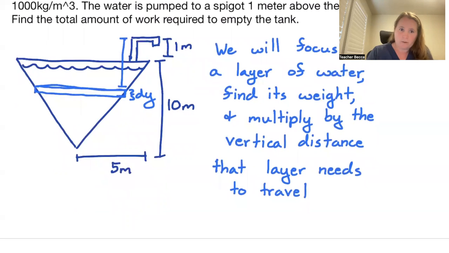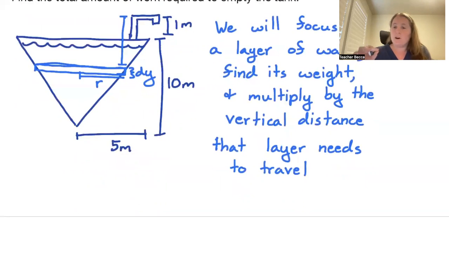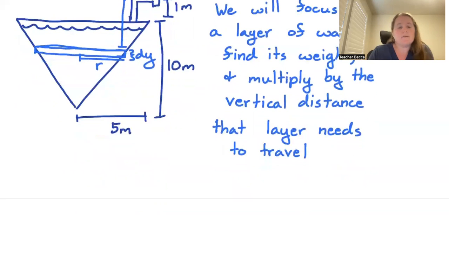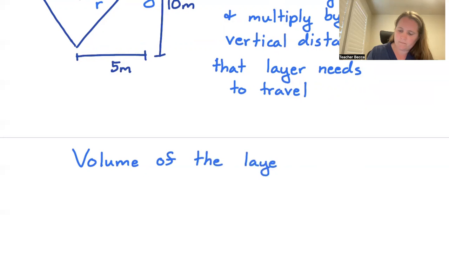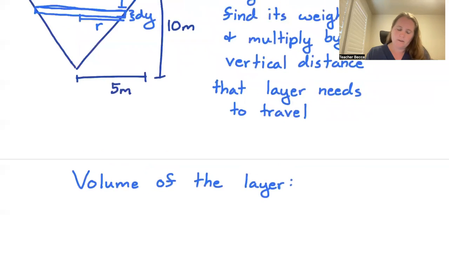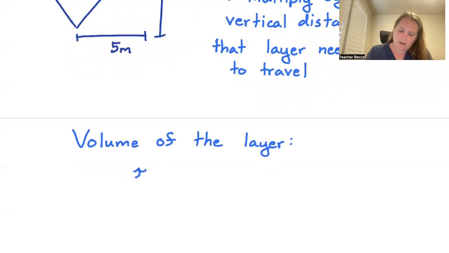So if we call the radius of the layer r, the volume of the layer is pi r squared, the radius squared, times height, which is just pi r squared times dy.